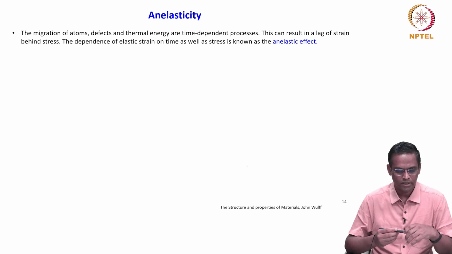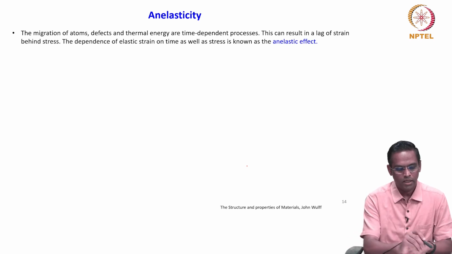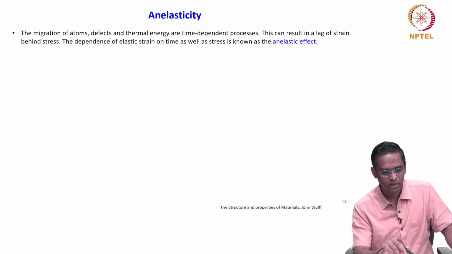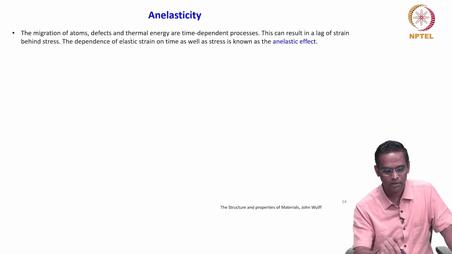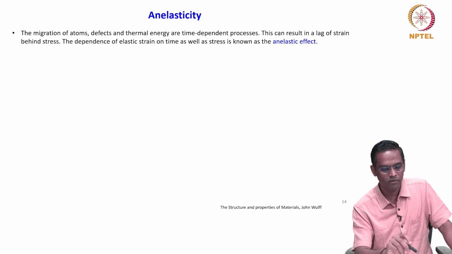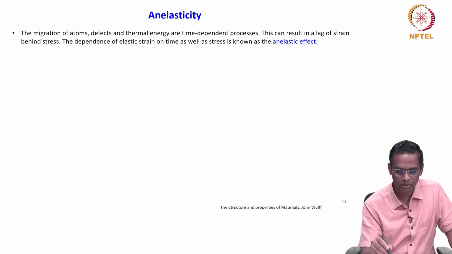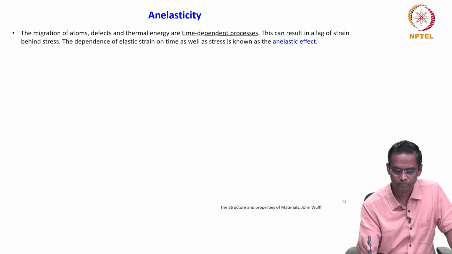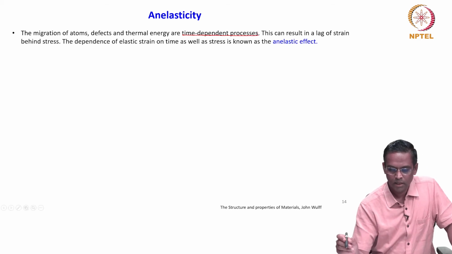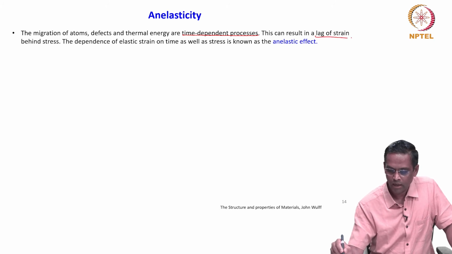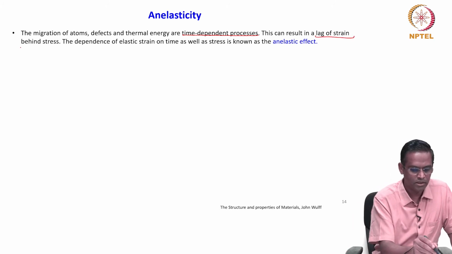so that you will not miss any important points. Okay. The migration of atoms, defects and thermal energy. We are talking about migration of atoms, defects, thermal energy or time dependent processes. This can result in a lag of strain behind stress.